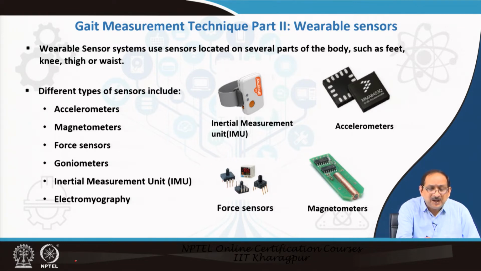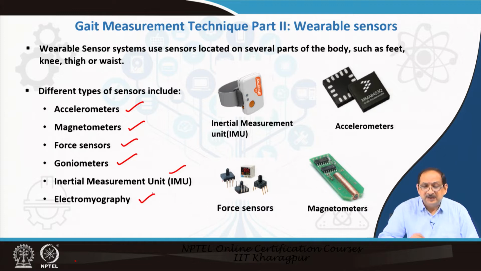Different types of sensors include accelerometers, magnetometers, force sensors, goniometers, inertial measurement unit and electromyography or EMG. Some of these sensors are shown here in this figure.